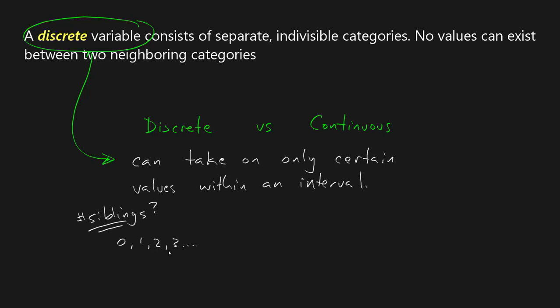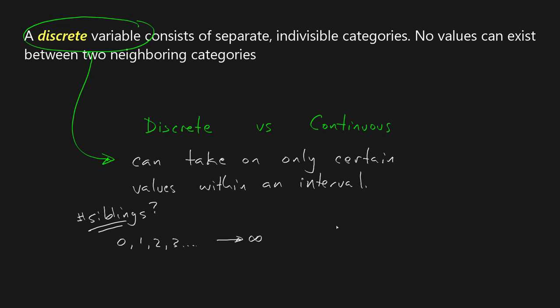You can't have 1.875 brothers and sisters. You can't have 2.2 siblings. You either have to have 0 or 1 or 2 or 3 and so on. So there's only certain values that are allowed within an interval, even if the interval goes all the way up to some unknown or infinite extreme. There's only certain values that can be the possible values for that variable.